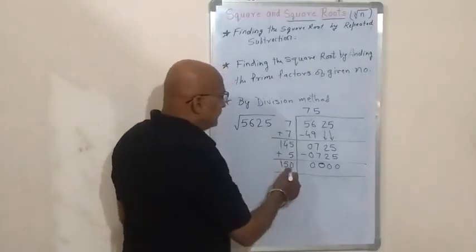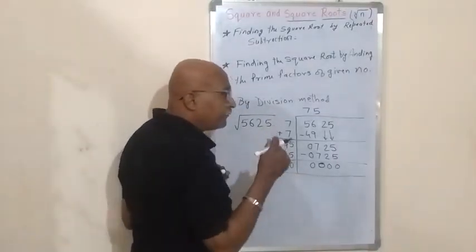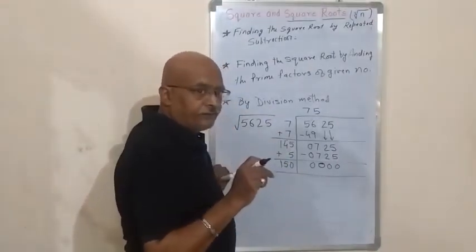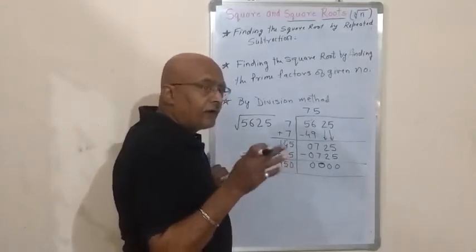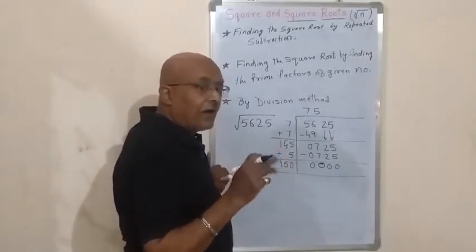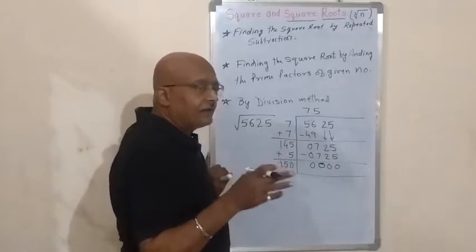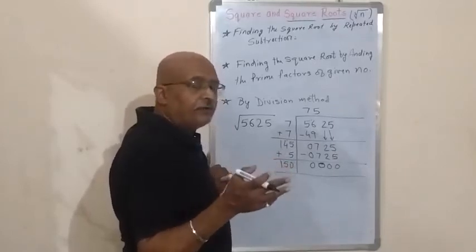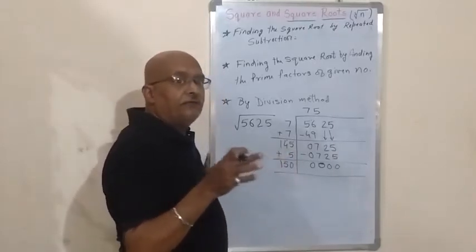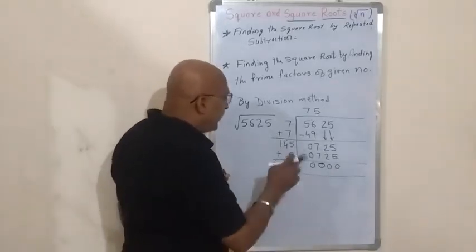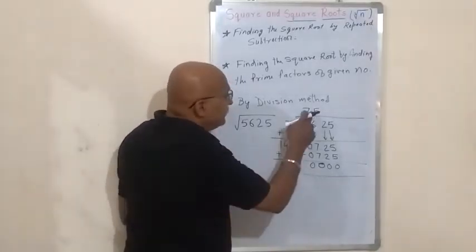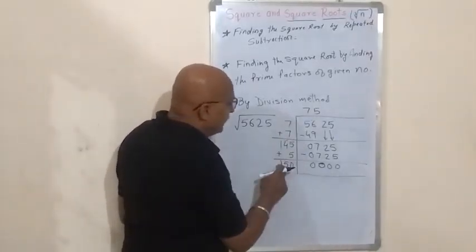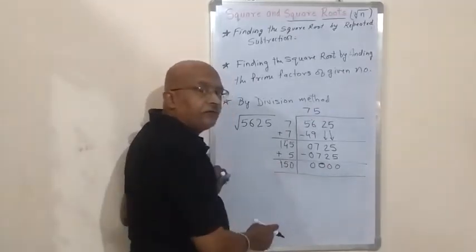Now see the magic here. Whether you are right or wrong, you can check it, not correct it. I mean to say, we can check whether we are right or wrong by, see this. Here it is 75 and here it is 75 2s are 150.